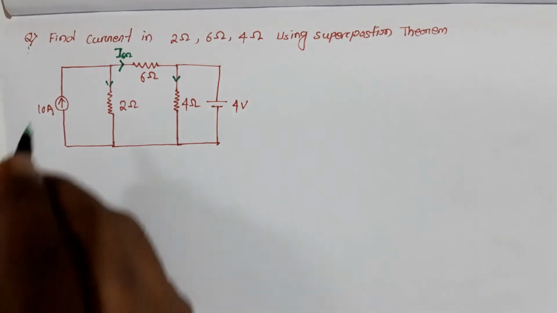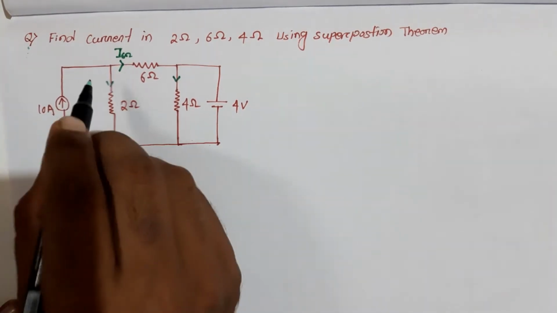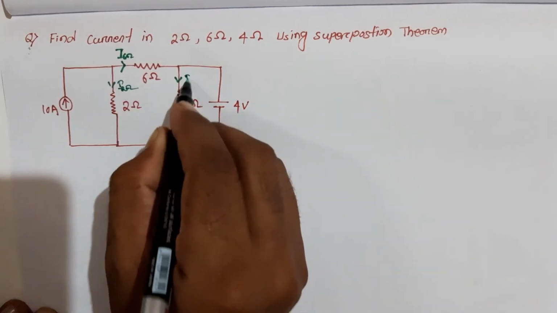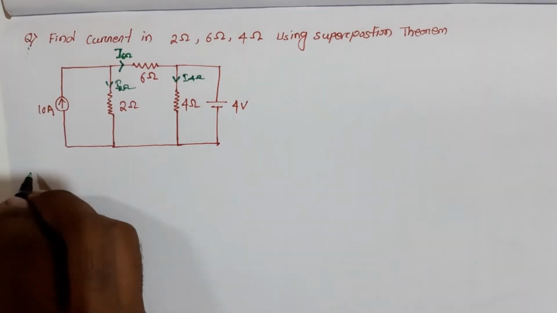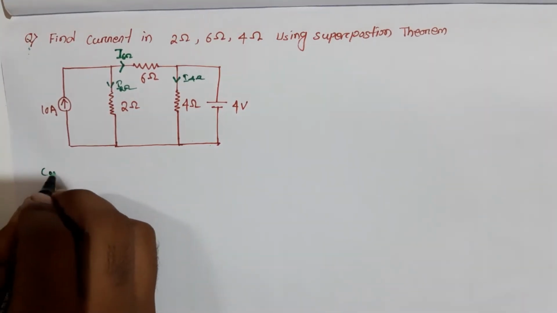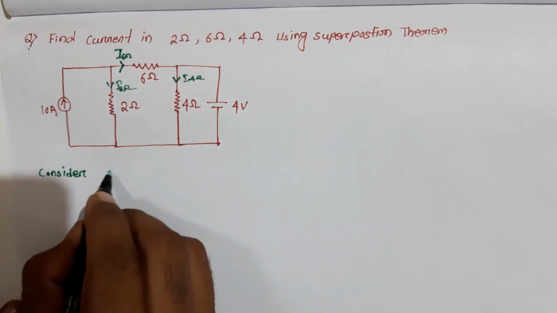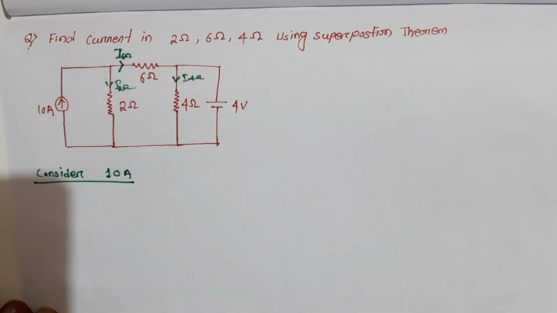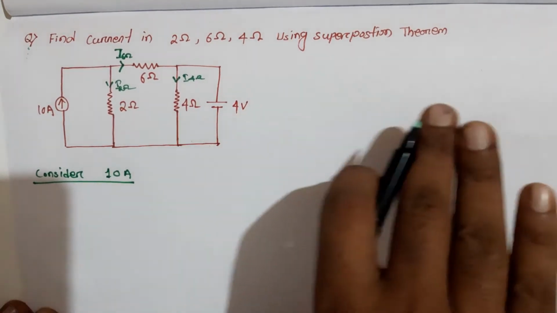Let this current be I in 6 ohm, this I in 2 ohm, and this I in 4 ohm. First we consider this 10 ampere source and deactivate the voltage source and any other source if present.